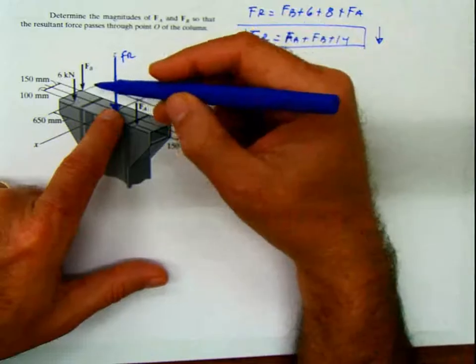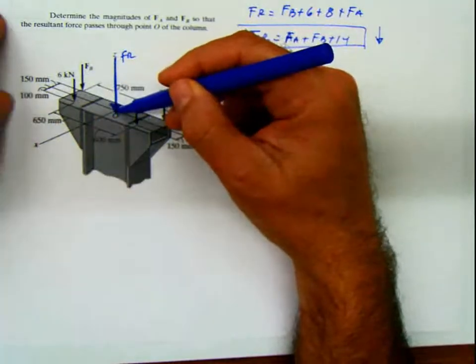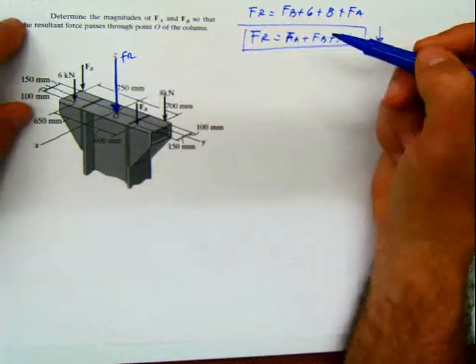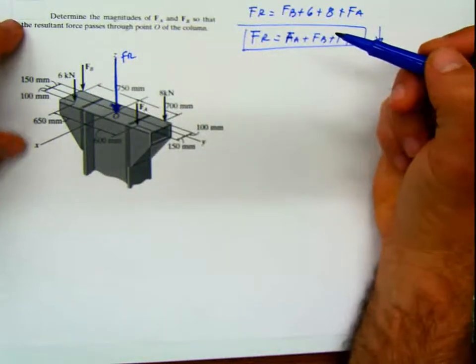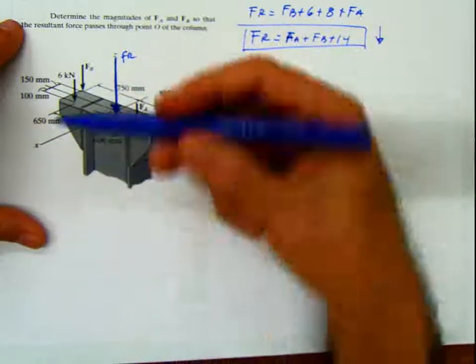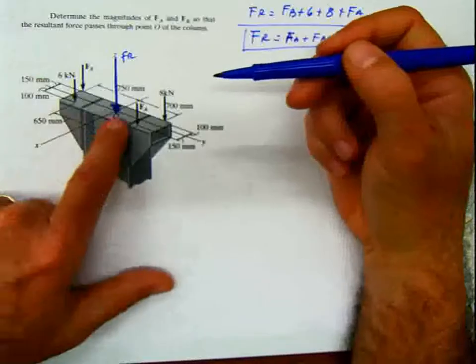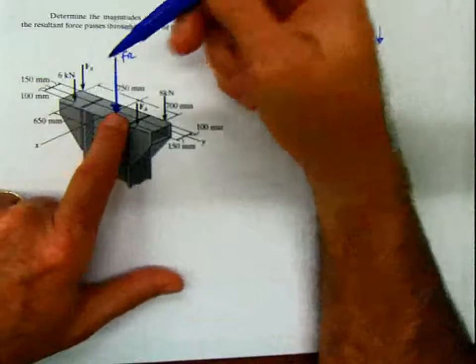So basically I'm going to do summation of moments of all the forces with respect to this point and make it 0. But instead of doing it in Cartesian approach, I'm going to do it in a scalar fashion. I'm going to see how each one of the forces makes the object rotate about the axis.